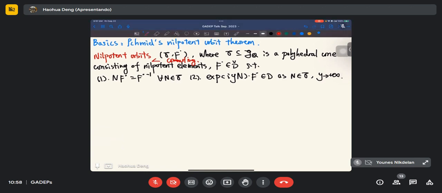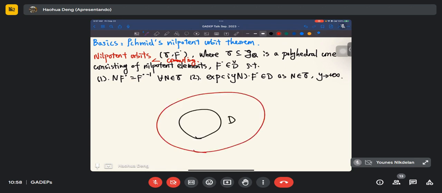If this is the period domain and this is the compact dual, which is larger, originally you have an F only in Ď, but by acting with elements in this cone, it should eventually dive into the period domain. It cannot go in some other direction. So this is not allowed. You should eventually be inside the period domain as y tends to infinity. So this is a very rough picture of what a nilpotent orbit is.